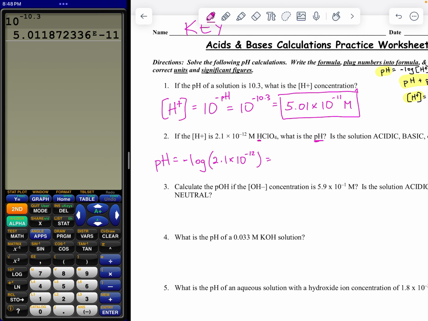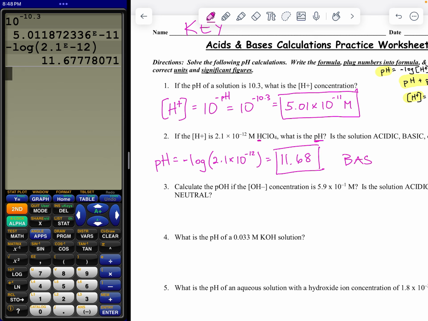So we just plug it right on in, negative log of 2.1 E negative 12. That capital E means times 10 to the negative 12. And then we get about 11.68 or so. And this value right here, because it's above 7, we know that this is a base, or a basic solution.